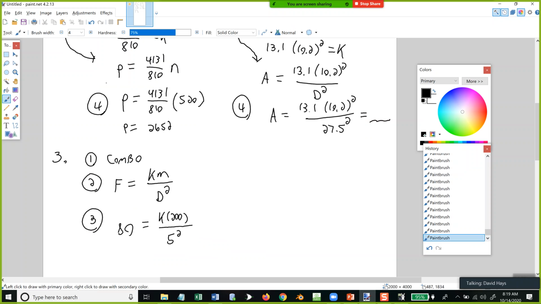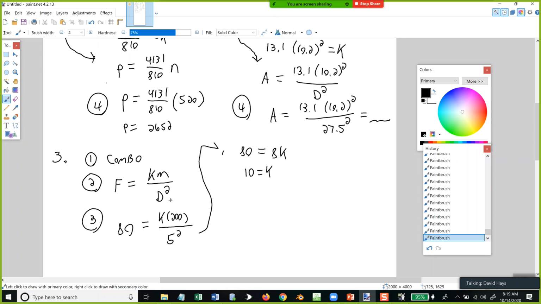So F is 80. So that's our one example. We want to solve for K. Now 5 squared is 25. 200 divided by 25 gives us 8, so that's 8K. Divide both sides by 8, and you get K is equal to 10.